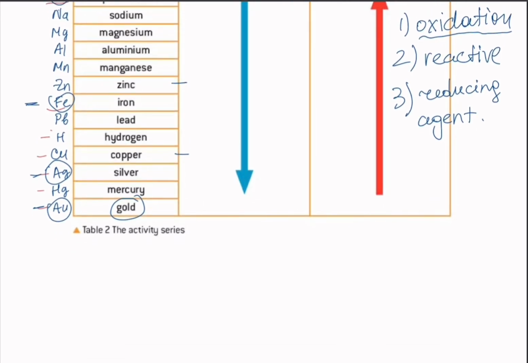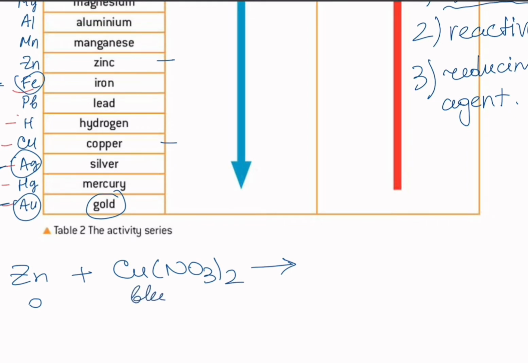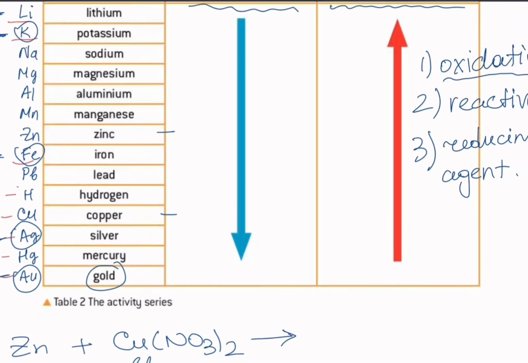For example, do you remember in our lab we had a zinc metal in a beaker, a small round zinc metal, and then we threw it into the blue solution of copper nitrate. It was like ocean blue, if you guys remember. Let's say we didn't do it in the lab, and we want to see whether this reaction will happen or not.